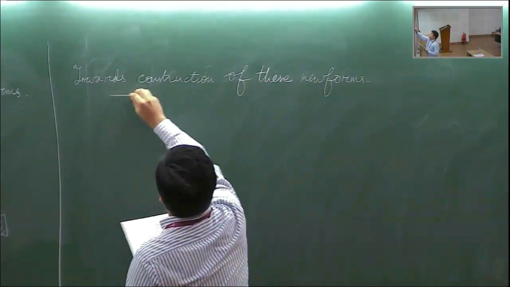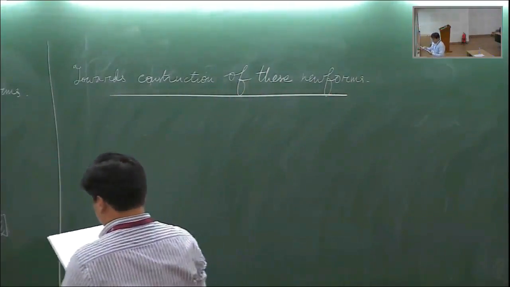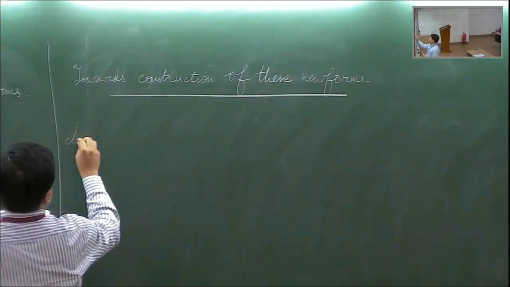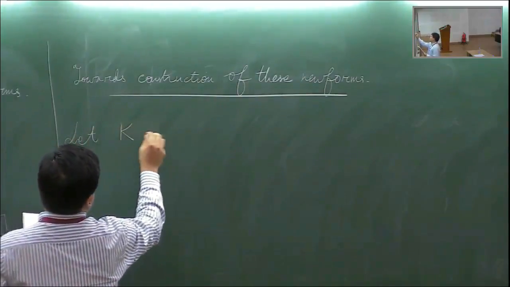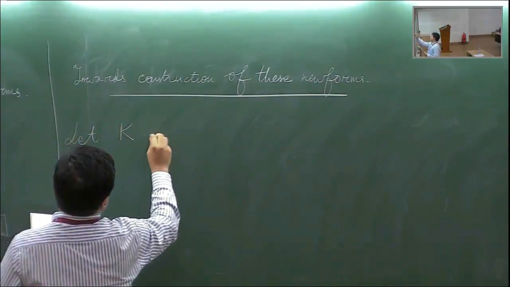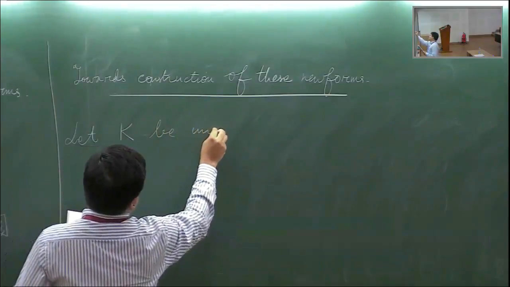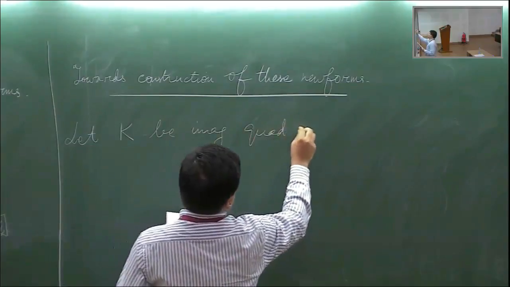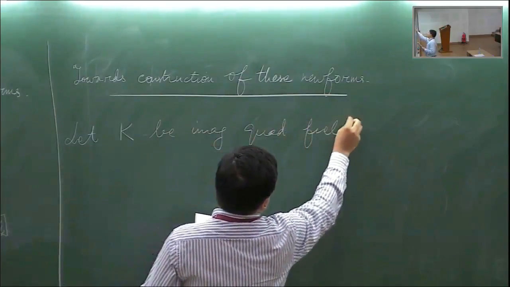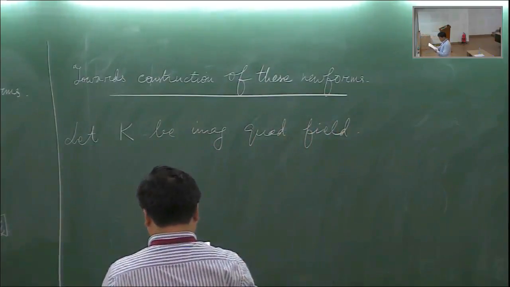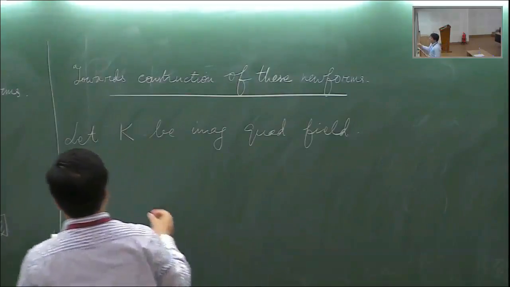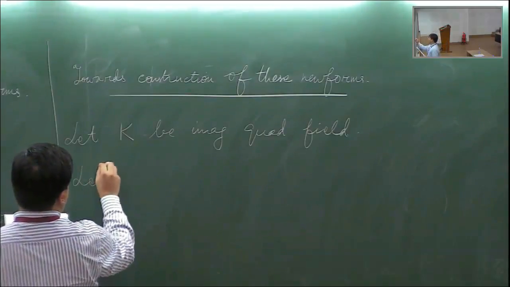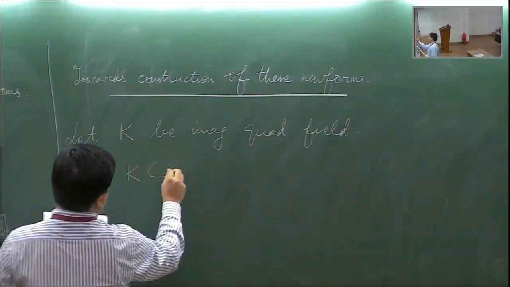Okay, right? So suppose I have K to be an imaginary quadratic field. Okay, I'm going to give you some basic definitions. Then let's embed this inside C. Okay, so I have an embedding inside C.